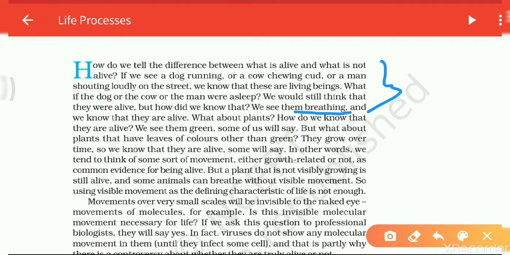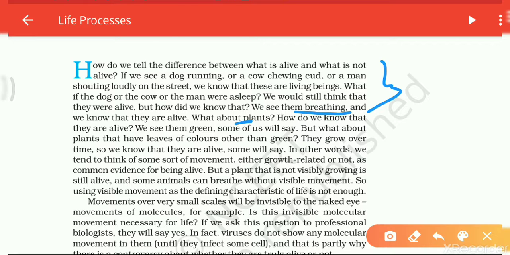Movement shows that this person is alive. Now here they are telling about breathing. Breathing means intake of oxygen and removing of carbon dioxide. So we know that they are alive. If any organism is breathing, then we can easily say that it is alive.